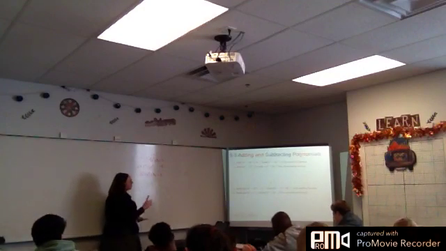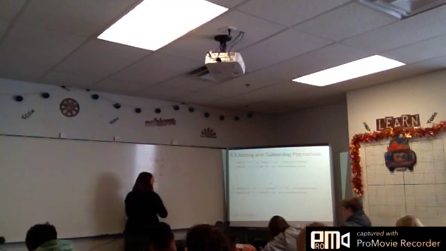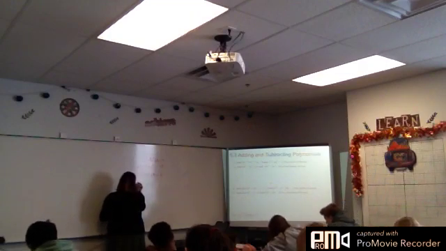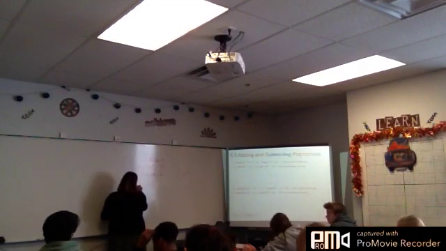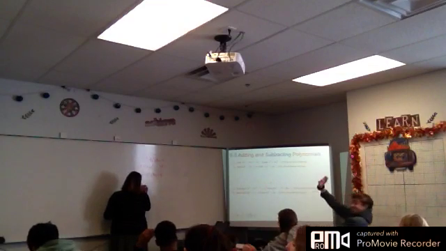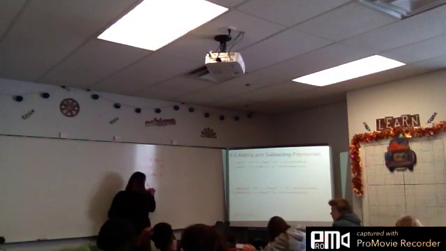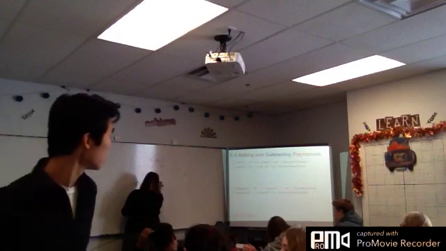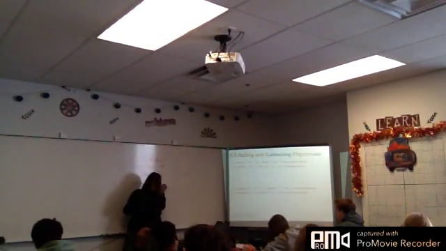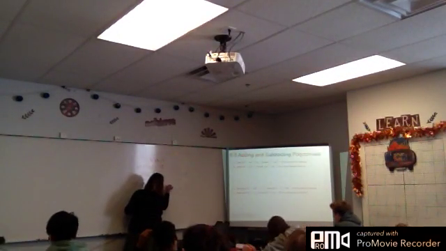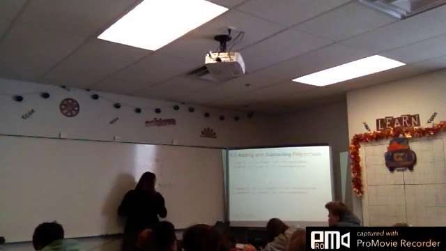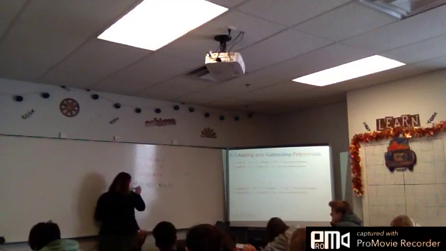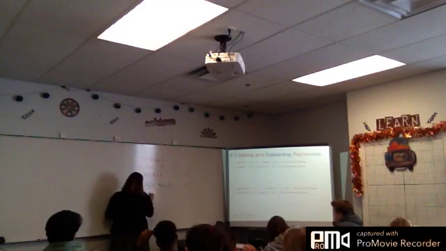On the next one, it says add in horizontal format. So horizontal is just keeping it like this: 3y cubed minus 2y squared minus 7y. And then we're adding to it negative 4y squared plus 2y minus 5. So this is horizontal. 3y cubed, there's no y cubes to add, we just drop it.